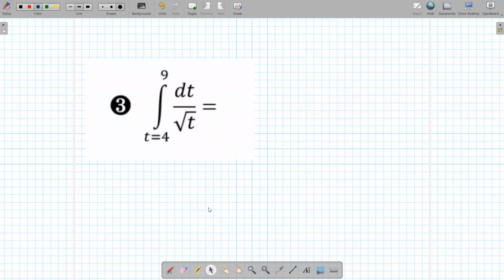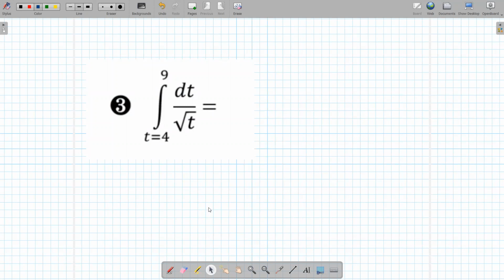You wanna have a crack at this? What's the antiderivative of this? Wait, when you bring the t up, do you get t to the power of -1 over 2?